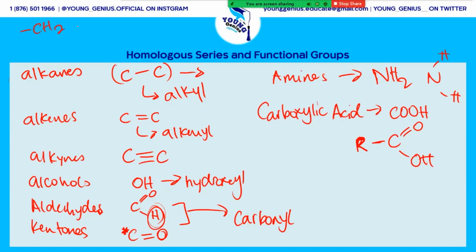So what that means is, for methane, the formula is CH4. And what comes after, ethane, would increase by 1 carbon and 2 hydrogens. So ethane would be C2H6, right?